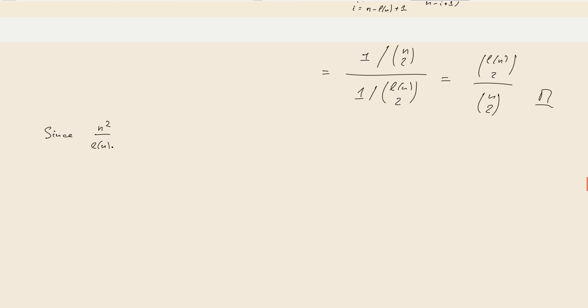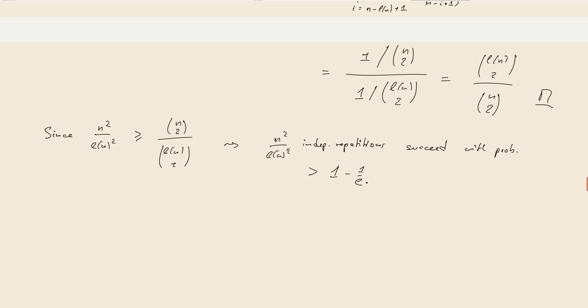If we run n squared over L of n squared runs, so this is greater than 1 over the probability, that means that so many independent runs succeed with probability at least 1 minus 1 over e.